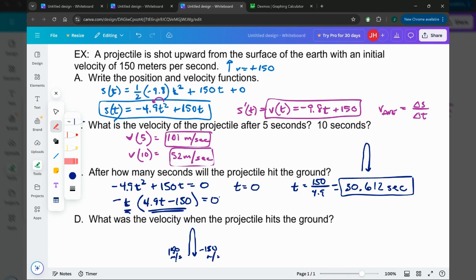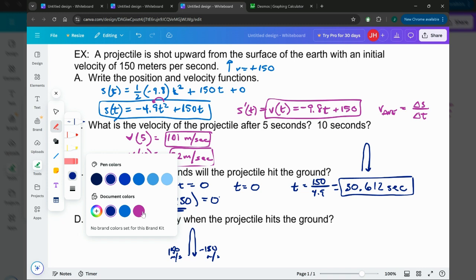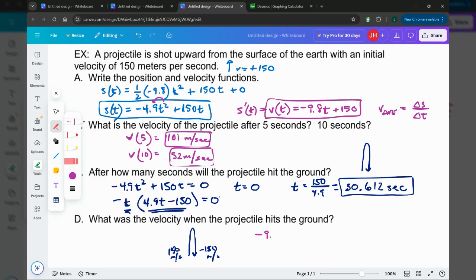Well, let's find that out. All I'd have to do is take the velocity function, which is negative 9.8, multiply it by this 30.612, using the entire decimal, and then add 150. And when I do this on my graphing calculator, I do get negative 150 meters per second.